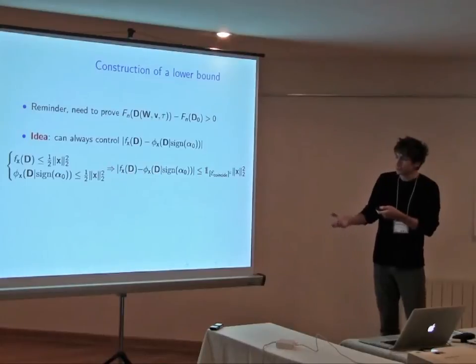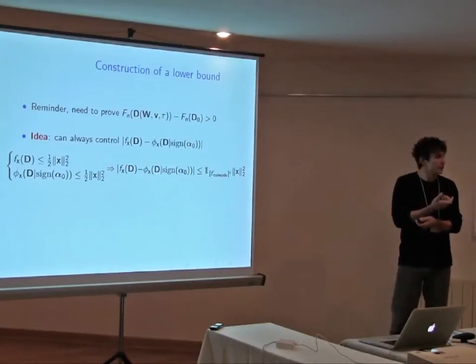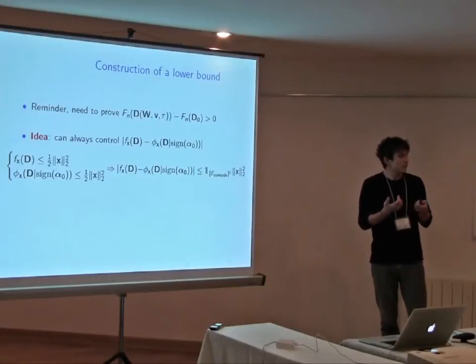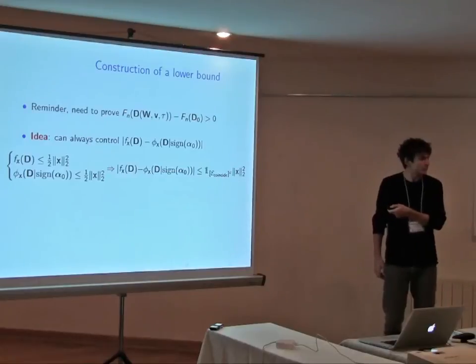That is, either the functions coincide, as we have seen before, in which case the difference is equal to 0, or if they do not coincide, we have a bound by the energy of the signal.